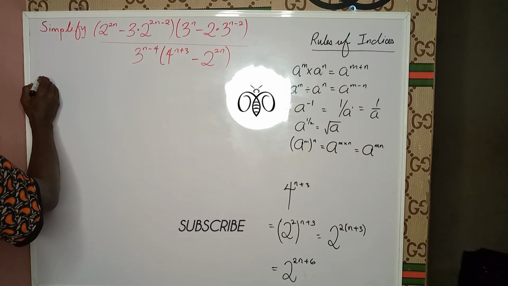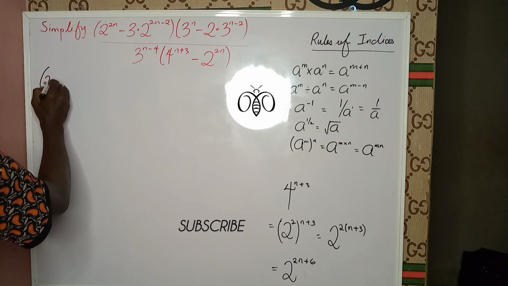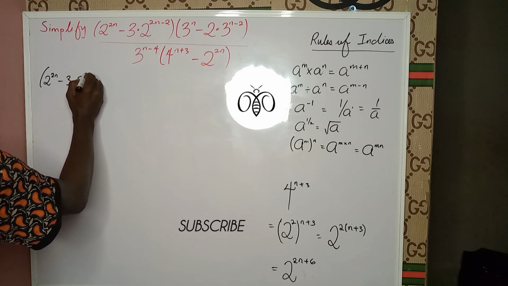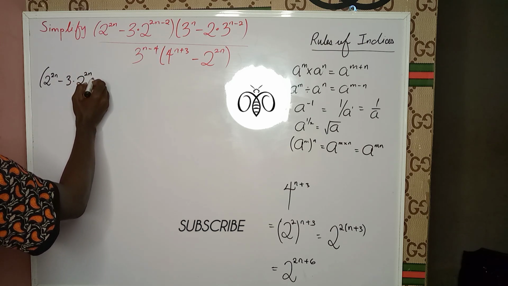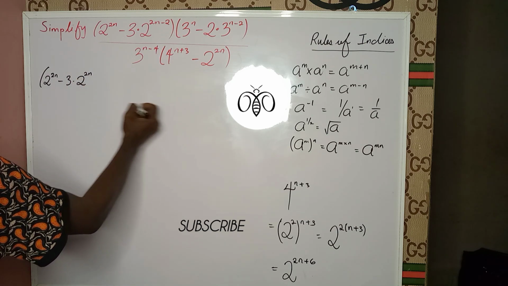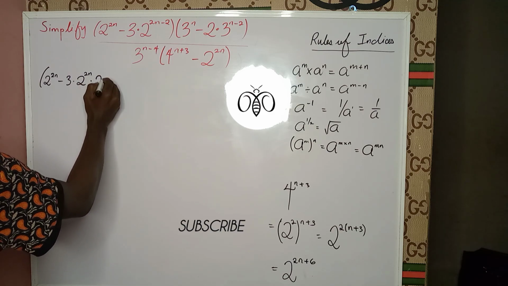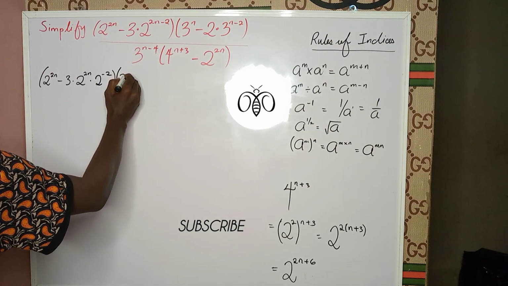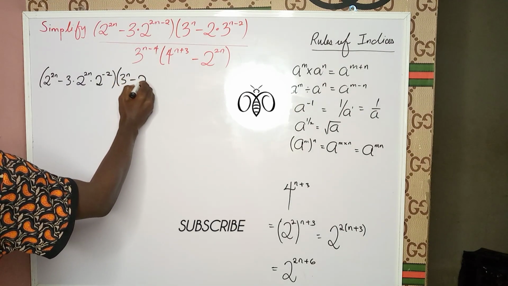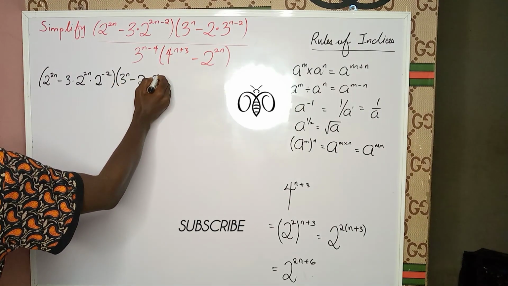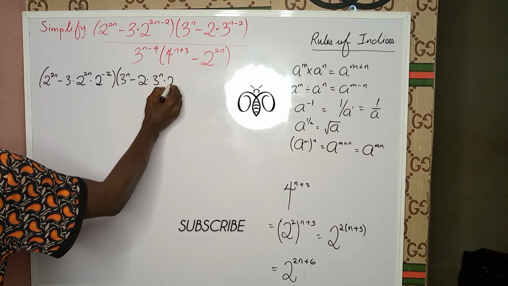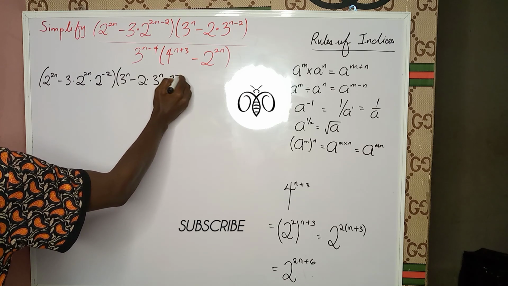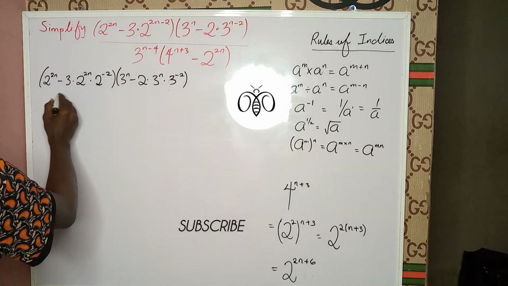So we have 2 raised to power 2n minus 3, 2 raised to power 2n. To dissociate it is the reverse of the product rule, the rule 1 over there. Multiply by 2 raised to power minus 2, open bracket, 3n minus 2 times 3 raised to power n times 3 raised to power minus 2.